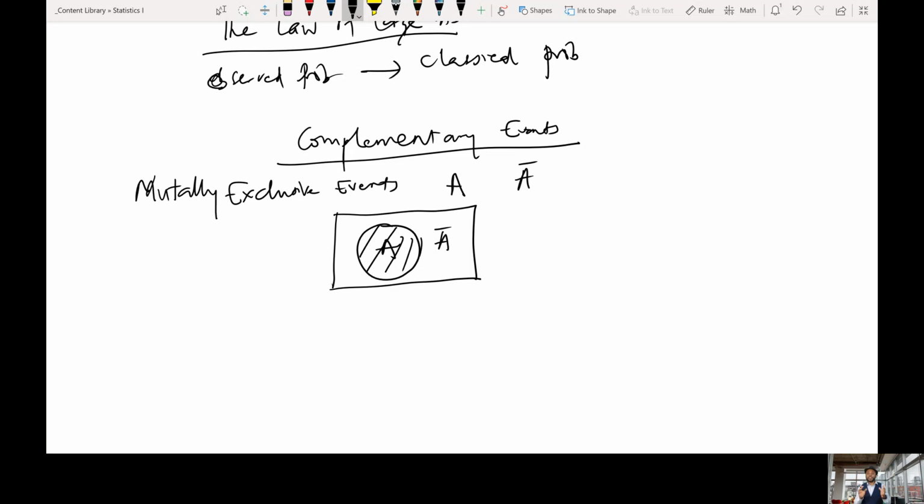Two events are mutually exclusive if the occurrence of one event precludes the occurrence of the other.